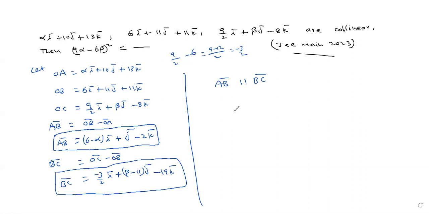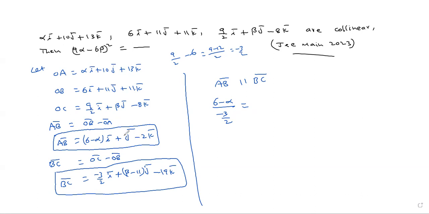If AB is parallel to BC, apply the proportionality concept. i coefficient by i coefficient: (6 minus alpha) by minus 3/2. I already explained this concept in the notes, so read the notes thoroughly. After that, you can automatically solve all types of questions.